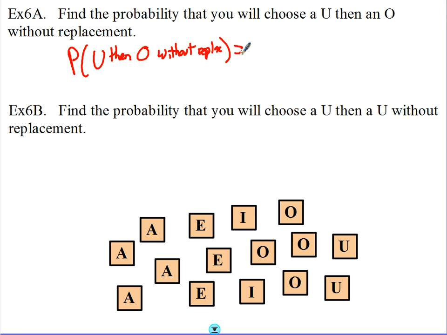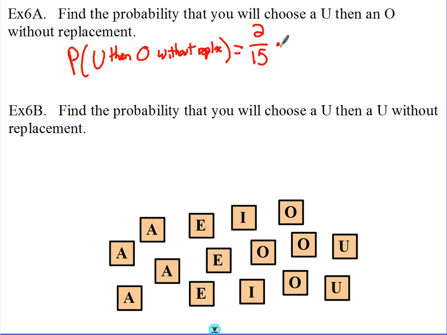The probability of picking an O out of these tiles down here, there's 2 O's, and there's a total of 15 different tiles. But once I take that O out, there's 1 less O and 1 less of our total.